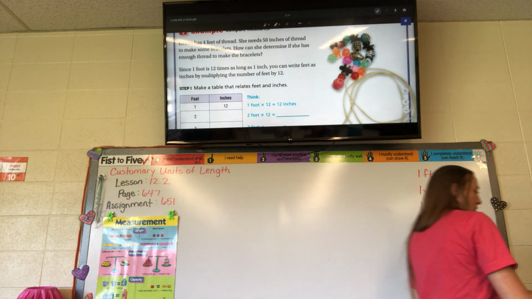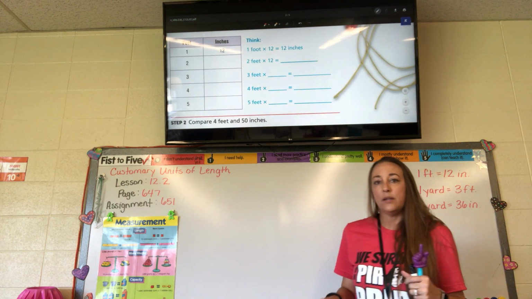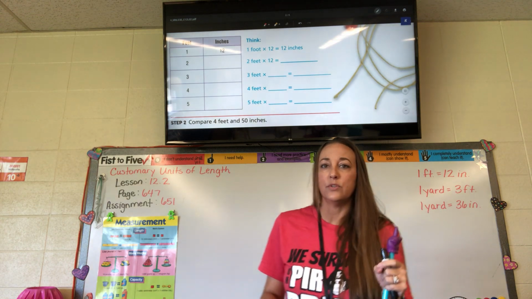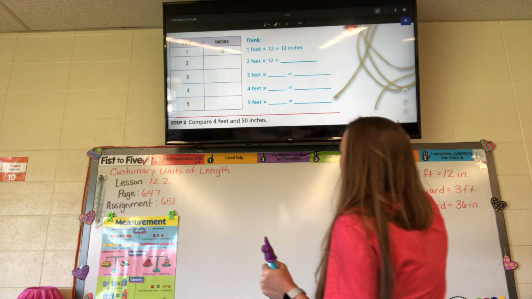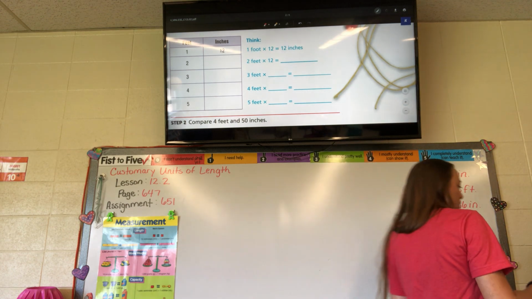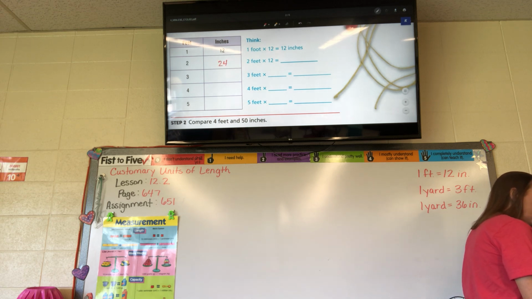Okay, so they've done a little chart here, and we know that 1 foot equals 12 inches, so 2 feet would equal 24 inches because 2 times 12 is 24.